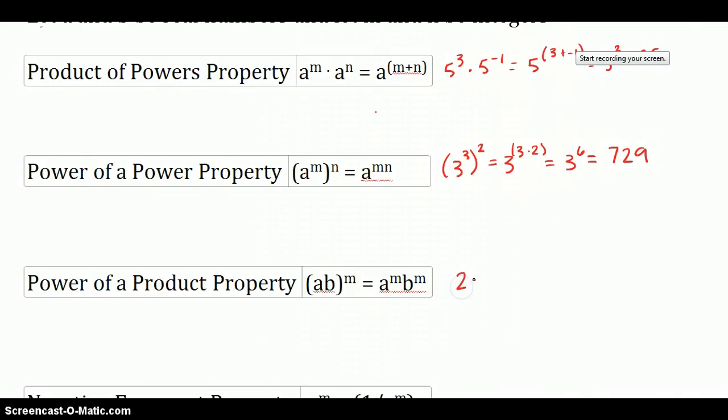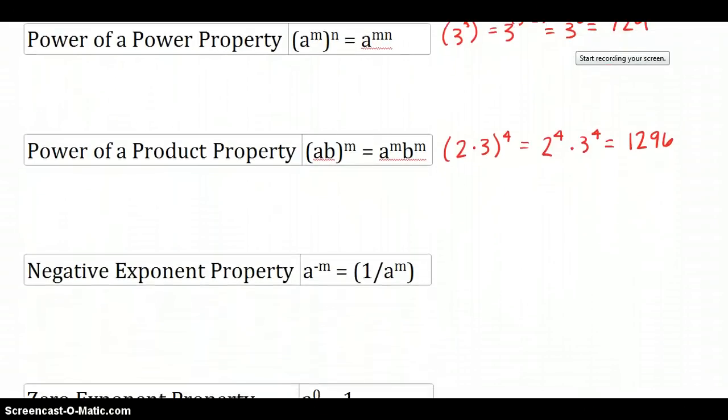If we had 2 times 3, and that was all to the 4th power, what you can do is rewrite this as 2 to the 4th power times 3 to the 4th power. And if you were to find this answer, if you did 2 to the 4th times 3 to the 4th, you would find that to be 1,296. Essentially, it's kind of using the distributive property almost.